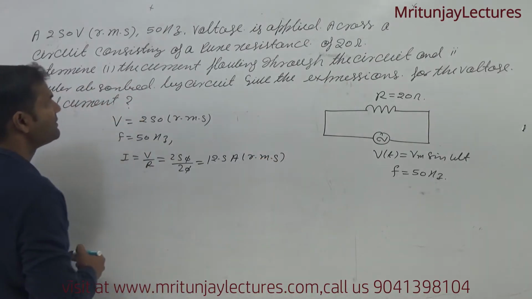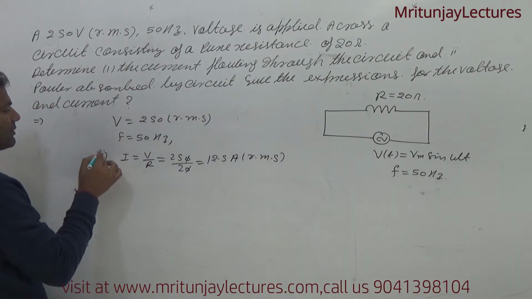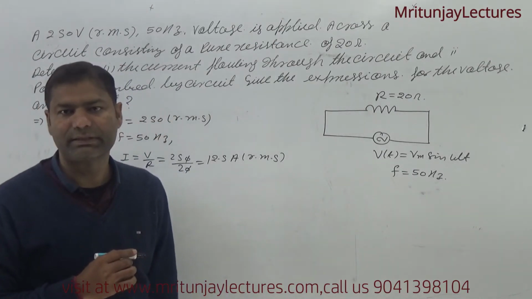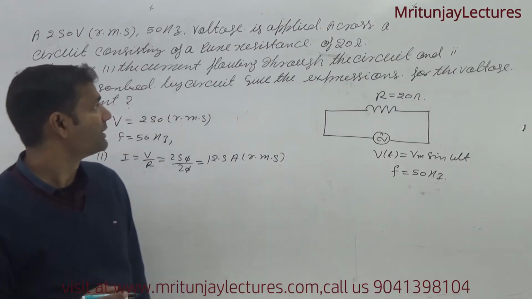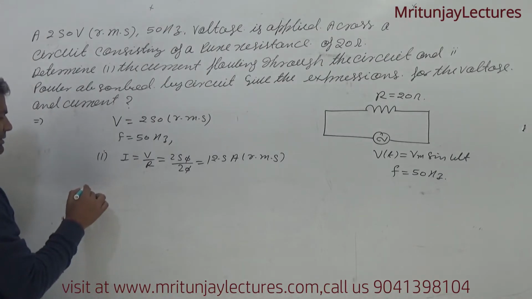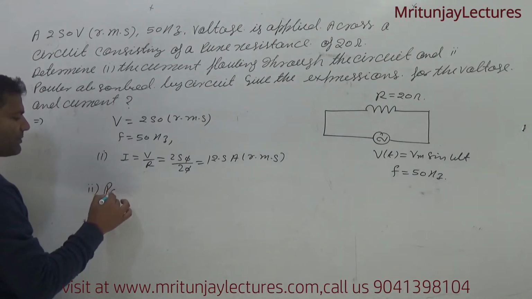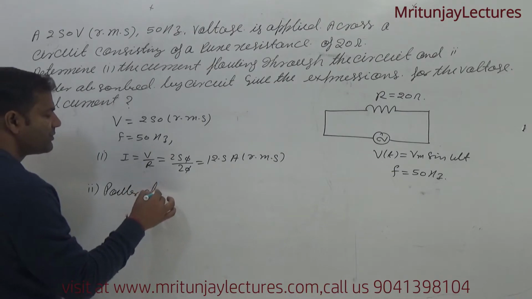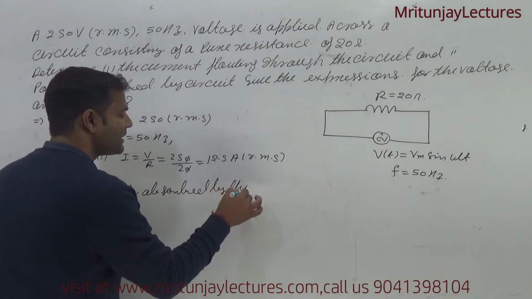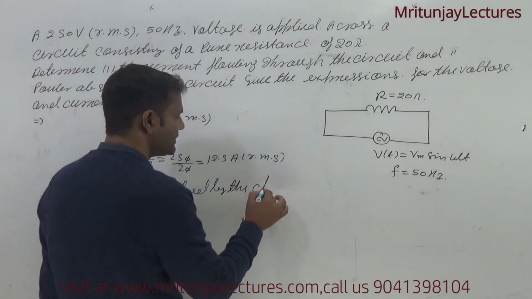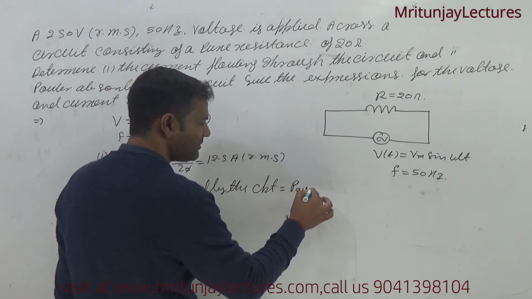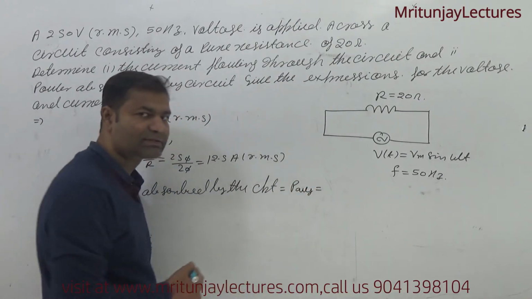So according to the question, the first option, the current in the circuit, is done. Now the second option: the power absorbed by the circuit. I know that power absorbed means average power, so you are asking for P average.